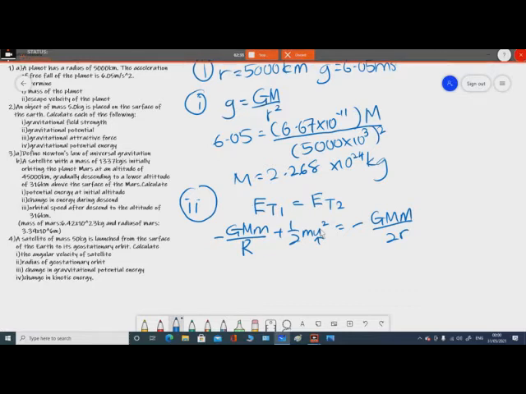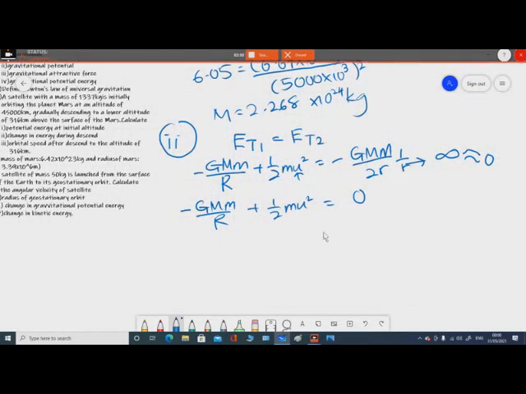I directly write this as the simplified total energy. Okay, so we know that at infinity, if 1 over r is approaching infinity, it will approximately give us 0. So the whole total energy at infinity is actually 0. So -GMm over r plus half mu square equals 0, so half mu square equals GMm over r.